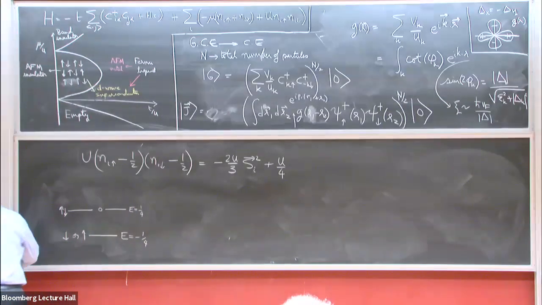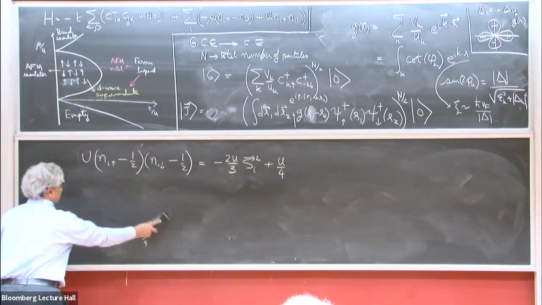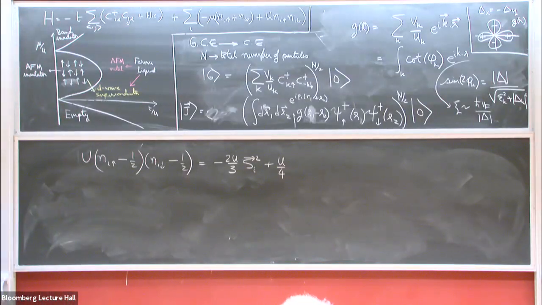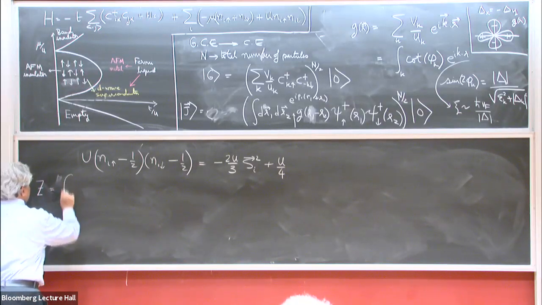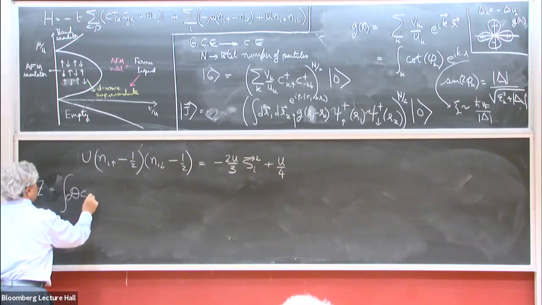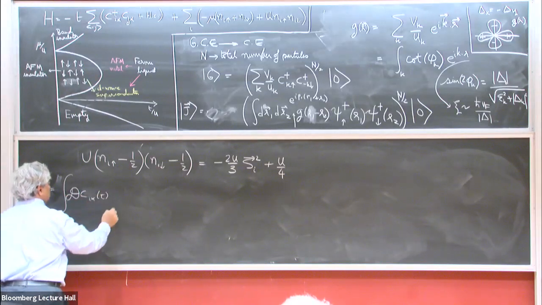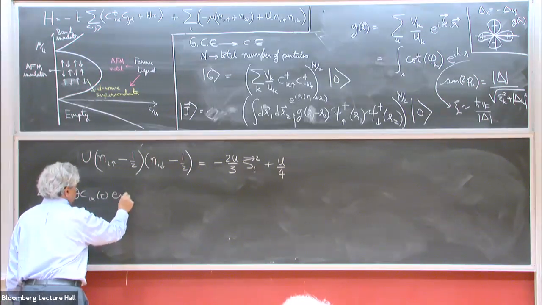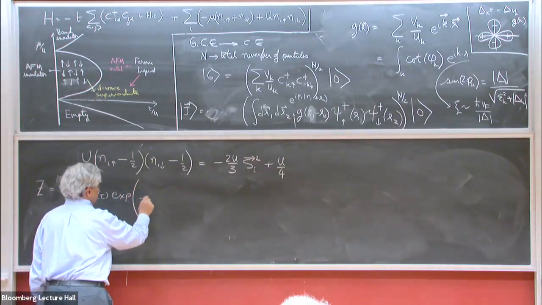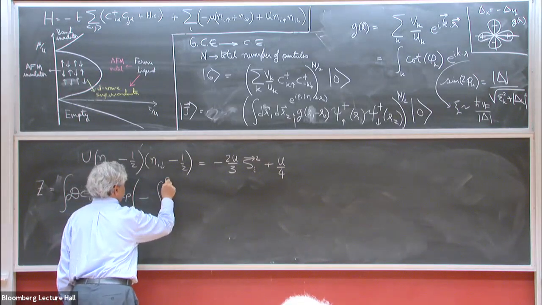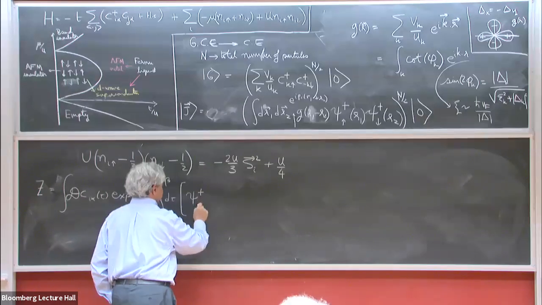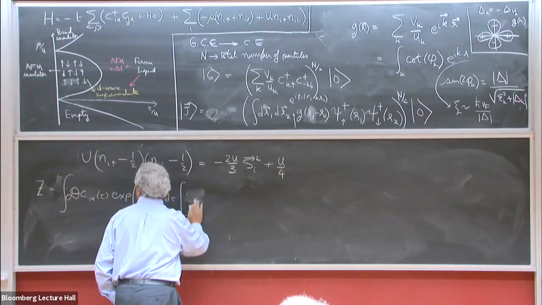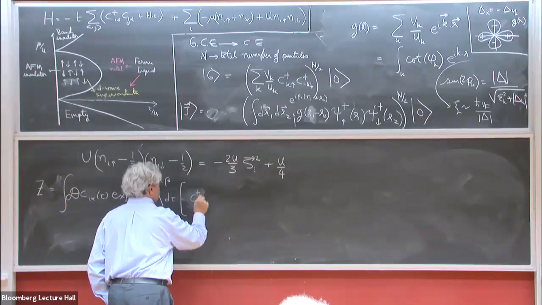All right, so then we're going to take the original Hubbard Hamiltonian and do a path integral. So let's write it out. The path integral over the fermions, c_{i alpha}(tau), exponential of the integral from 0 to beta d tau, c dagger_{i alpha} d/d tau c_{i alpha}.